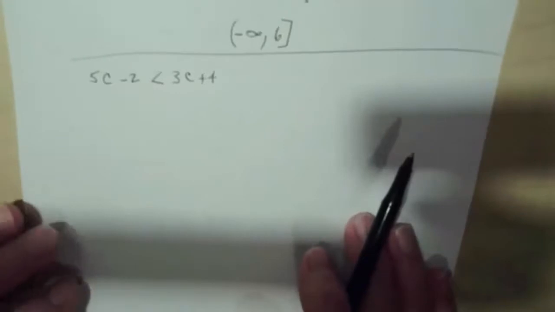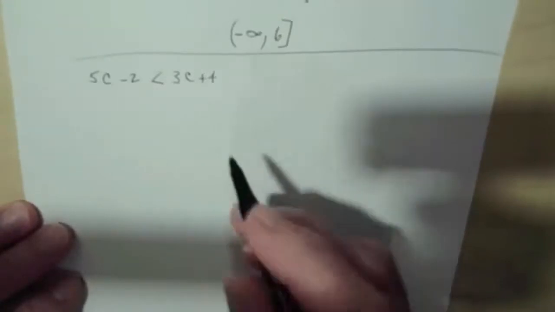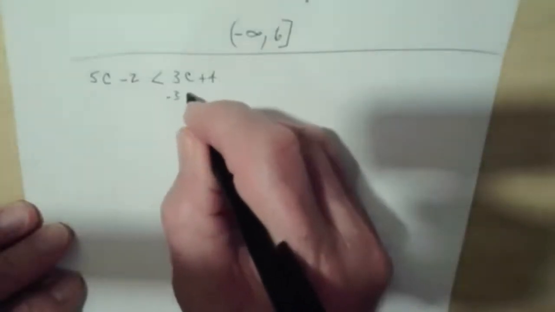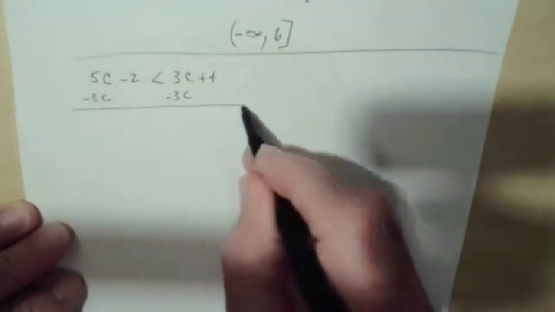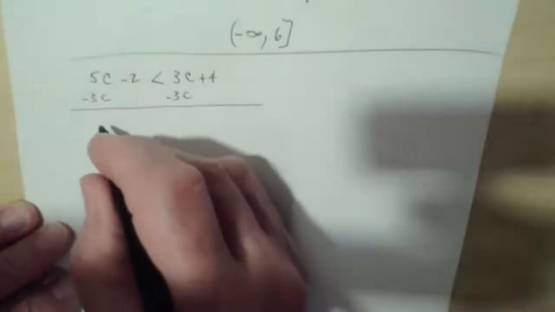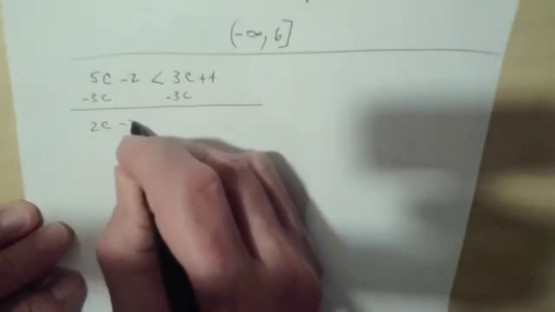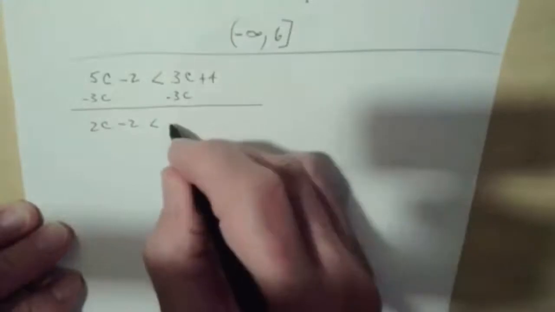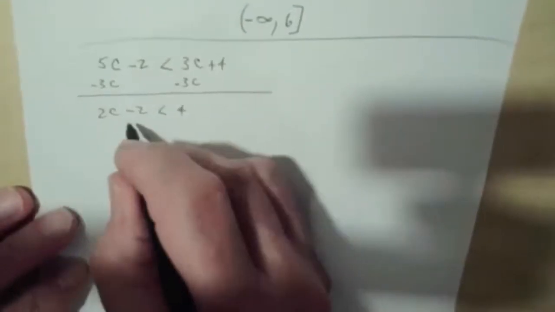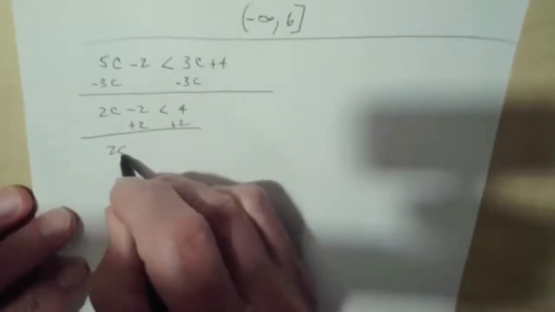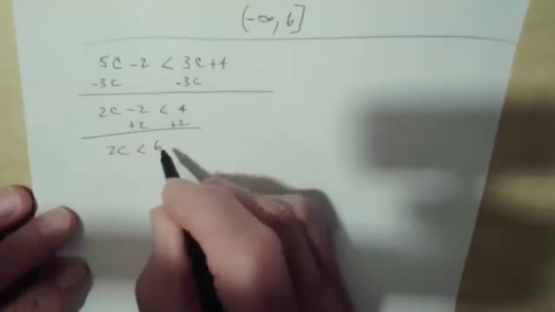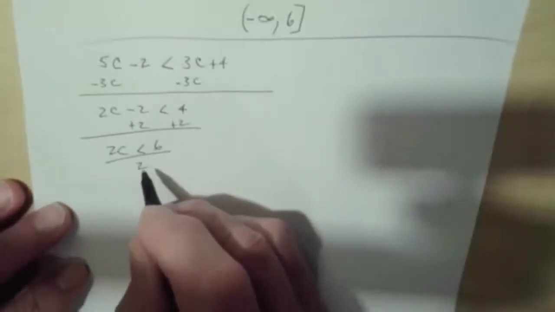Really doesn't make any difference, but this will make it so you don't have any negative numbers somewhere. So subtract 3c from each side. Take the smallest over to the biggest. 5c minus 3c is 2c, minus 2 less than 4. Now we add 2 to each side. 2c is less than 6. Divide everything by 2. C is less than 3.